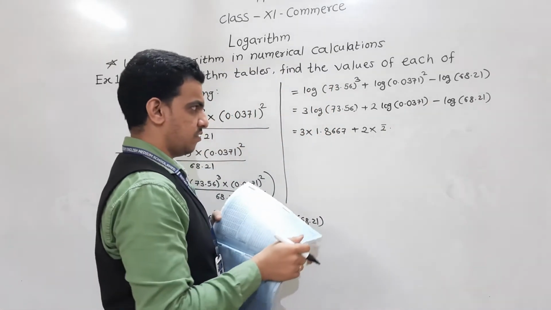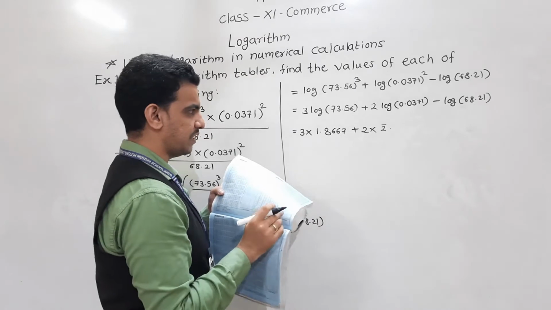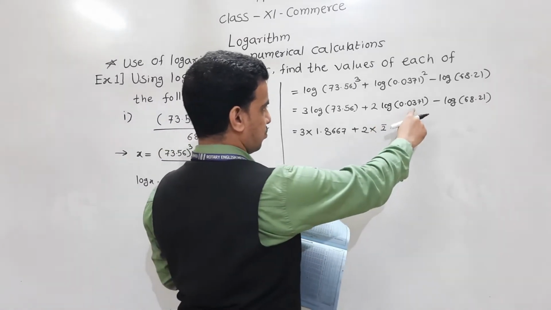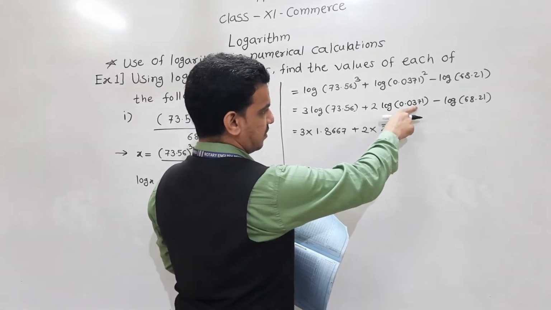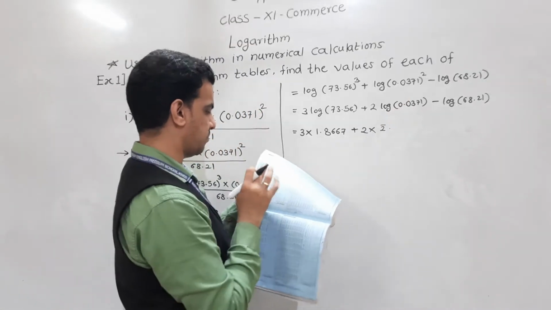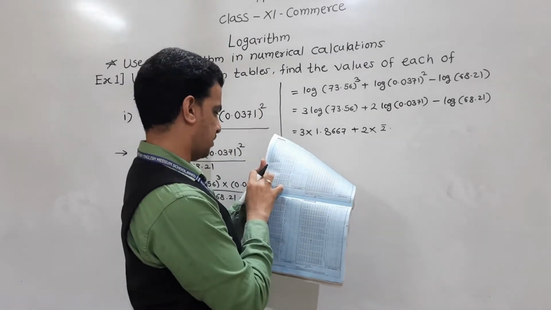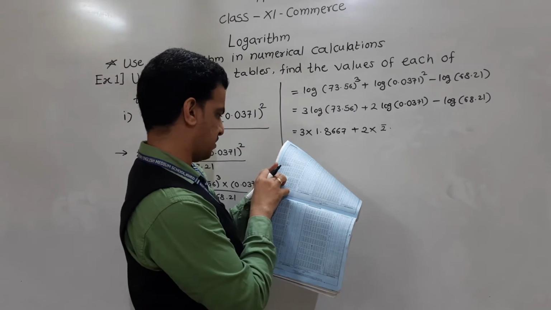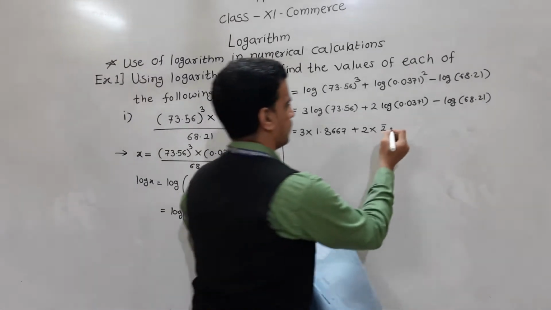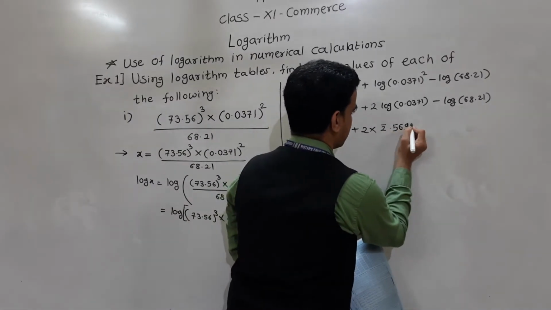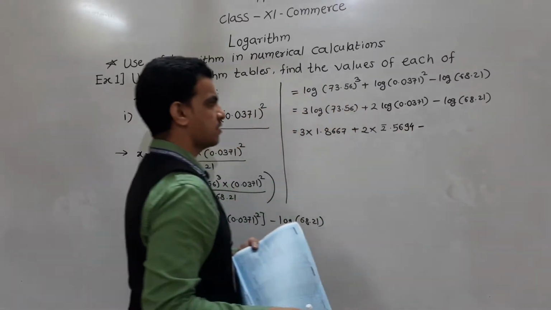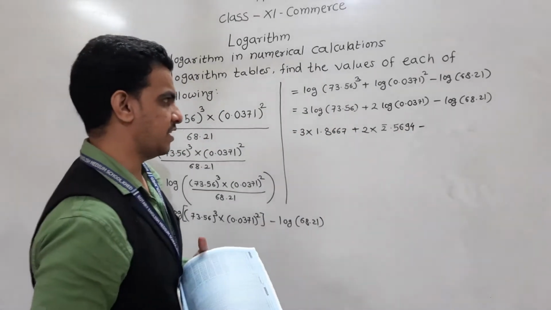Okay, so 0 is not there in mean differences column, so we have to look number in 37th row and column headed by 1. So 37th row is here, column headed by 1 is 5694. So that number is 5694, minus log of 68.21.